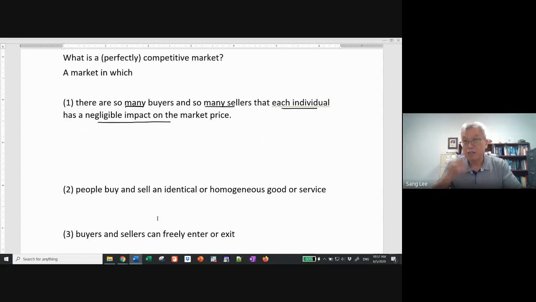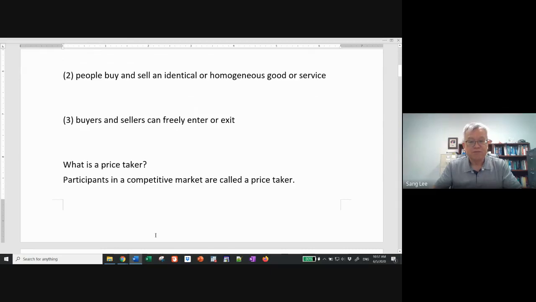If you find that price acceptable, then you join the market and start selling your pumpkins or watermelons. And if you do not accept the price, then you are not joining the market. So we call the sellers and buyers in a perfectly competitive market price takers.